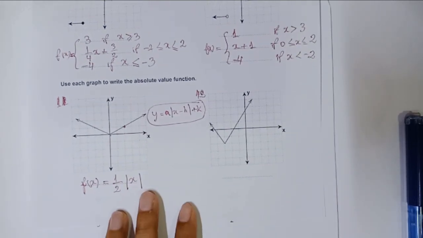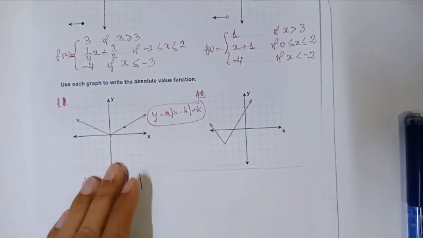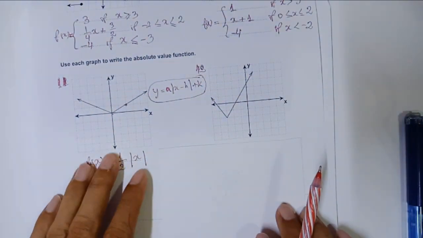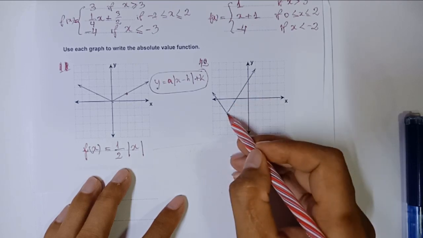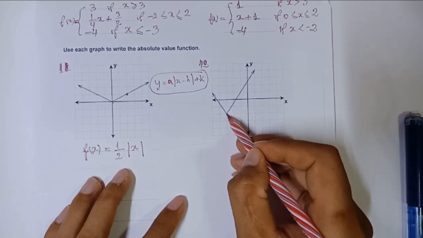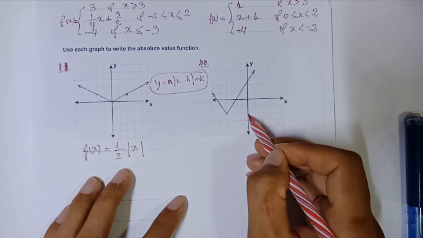Now, number 12. Number 12, the vertex is (-3, -2).